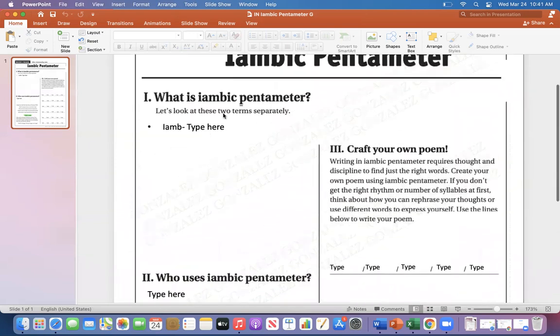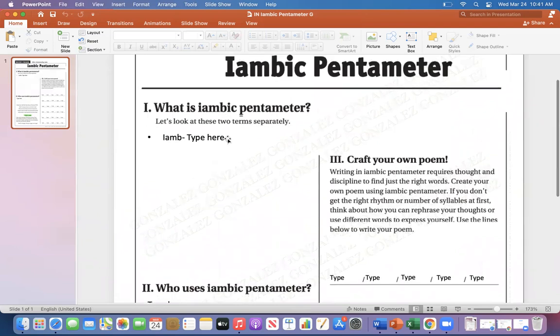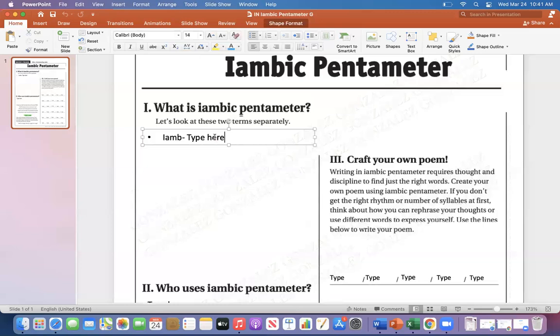And the first thing we're going to do is look at iambic and pentameter completely separately so you can understand it. So let's go ahead and use this. And I've already set you up so that you have a bullet point. And so an iamb is an unstressed syllable followed by a stressed syllable.